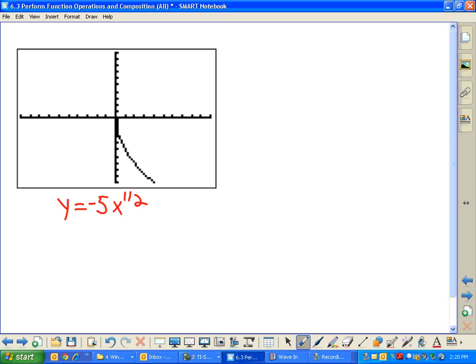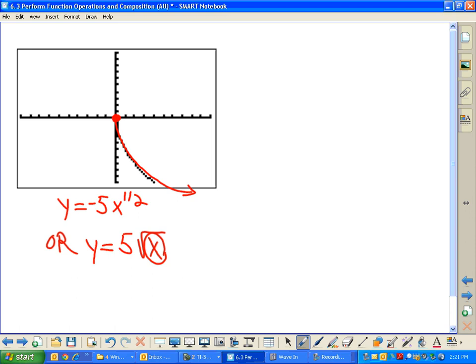And we're asked, in the previous problem, to identify its domain. You might recall that this is the same as y equals -5 times the square root of x. And we know that we can't take the square root of a negative number, ever. And this graph definitely verifies that. We see its first point is at the origin, and then it comes down and continues on like that.